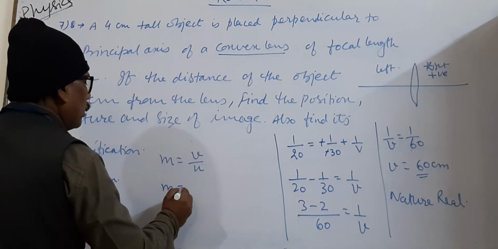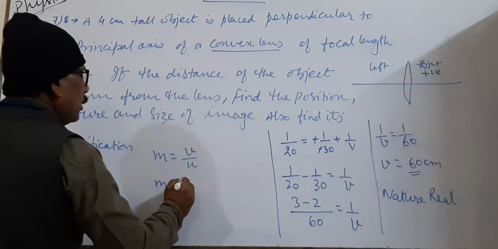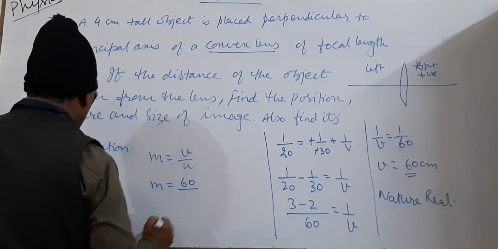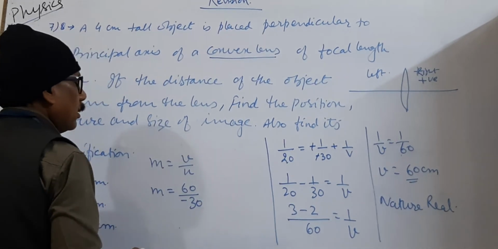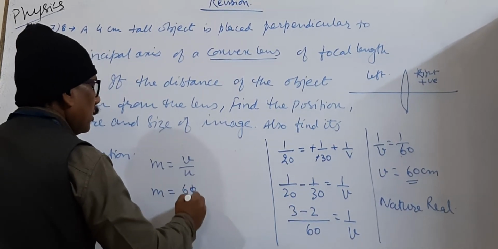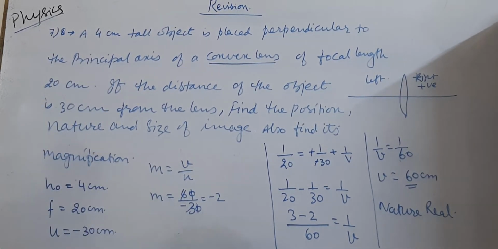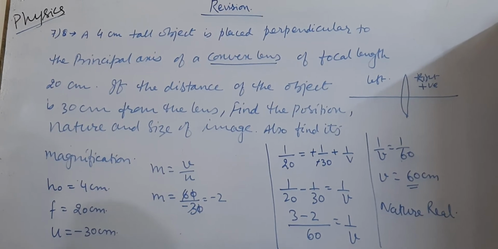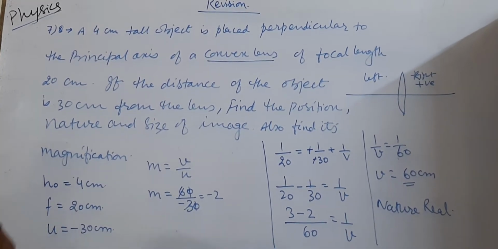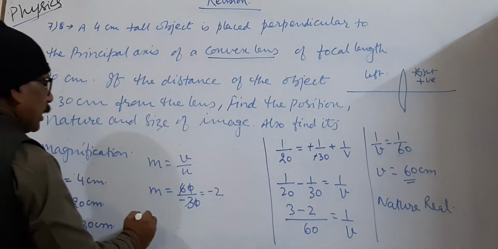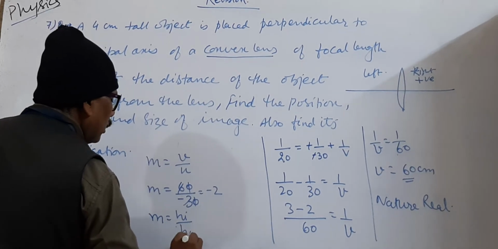Now m is equal to v, how much is it? 60. u, how much is it? Minus 30. This comes to minus 2. Means minus sign indicates that the image is inverted. Now another formula of magnification is m is equal to hi by ho.